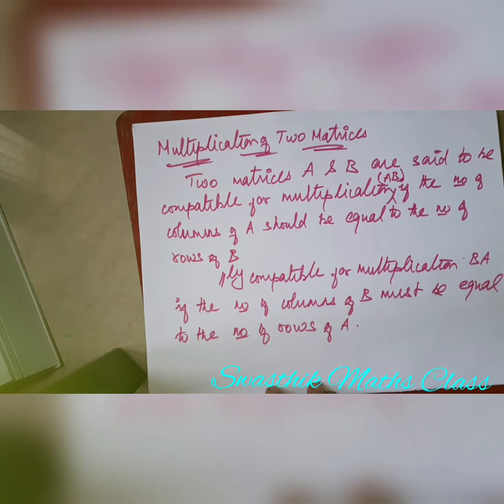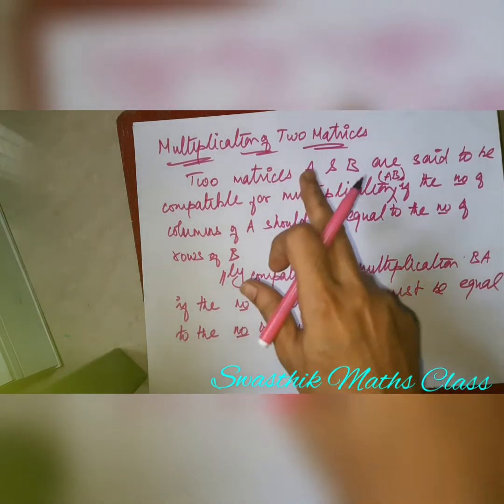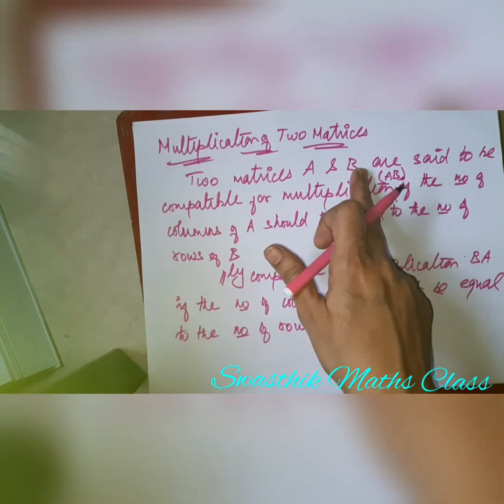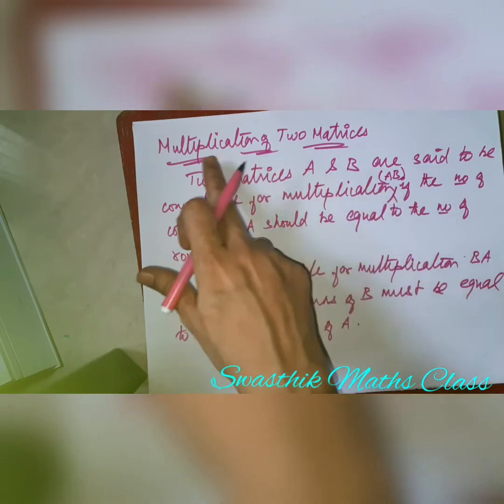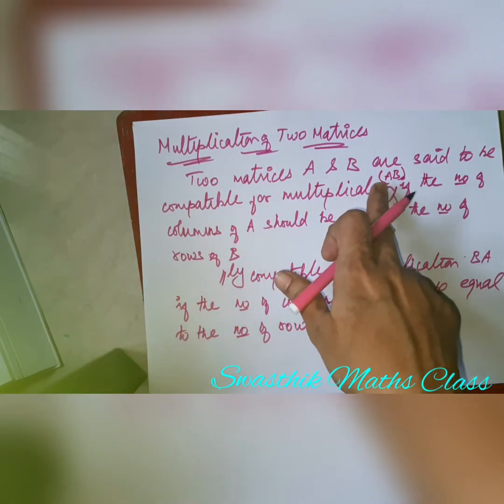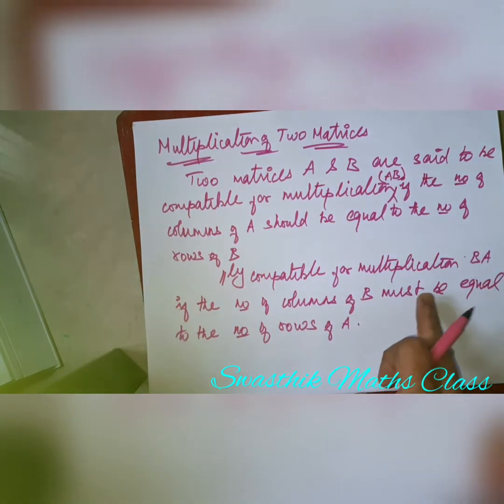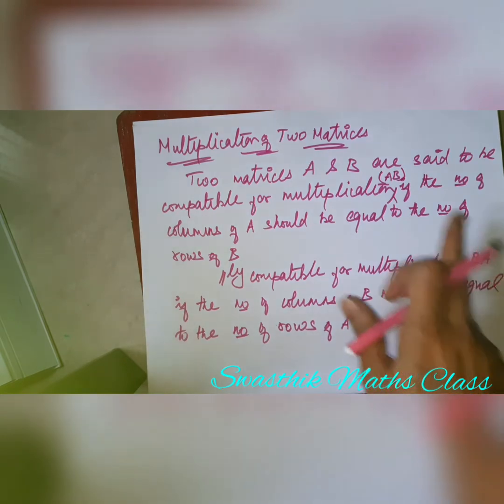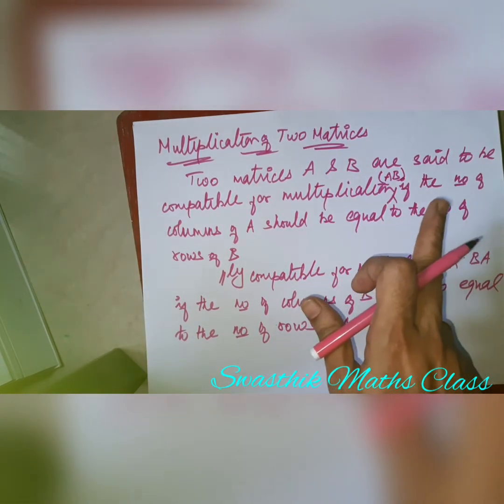What is said here? As we said already, whenever we are given two matrices A and B, we will get two new matrices by this multiplication. What are the new matrices? One is AB and the other is BA, and in general these two will not be equal. And what are the conditions?